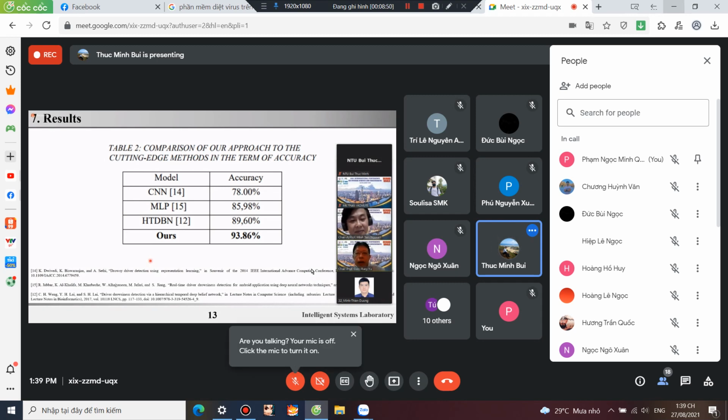Maybe in your approach, you need to take a lot of calculating burden. So did you compare the calculating time? I have not yet compared processing time. I just compared accuracy. So in the future, I will compare processing time later.